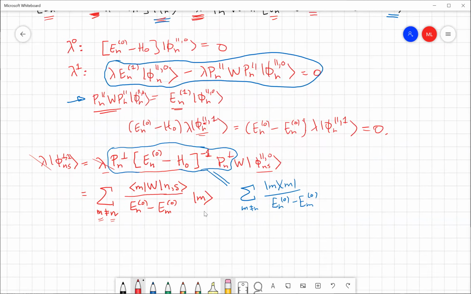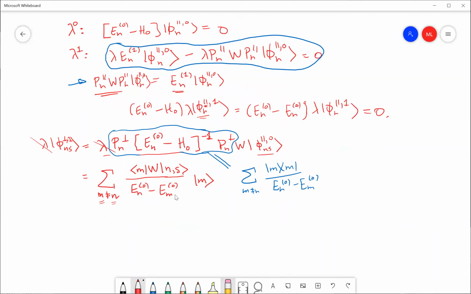And this is fine. So we have this, and this is what you would expect for the first order correction in non-degenerate perturbation theory, right? This looks exactly like what we had before when we didn't worry about degeneracy.